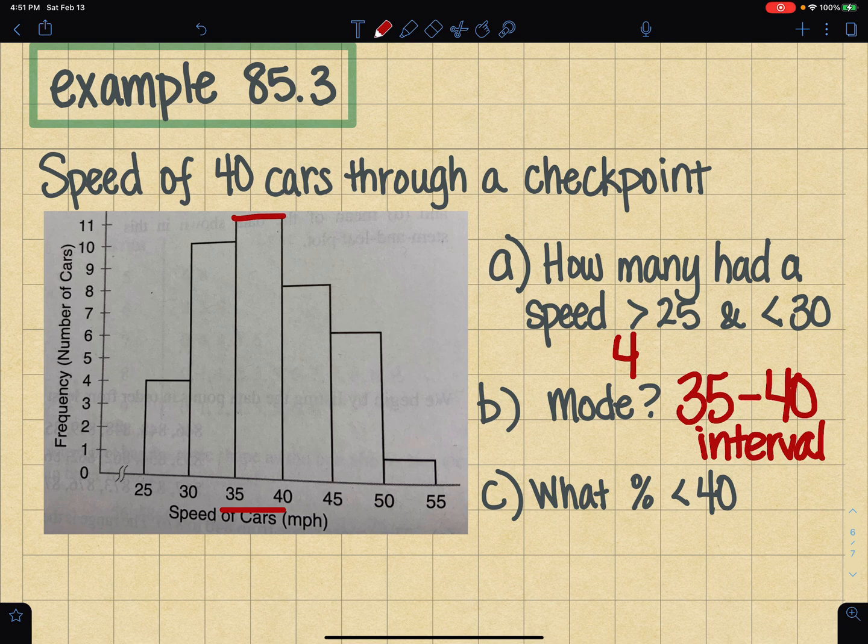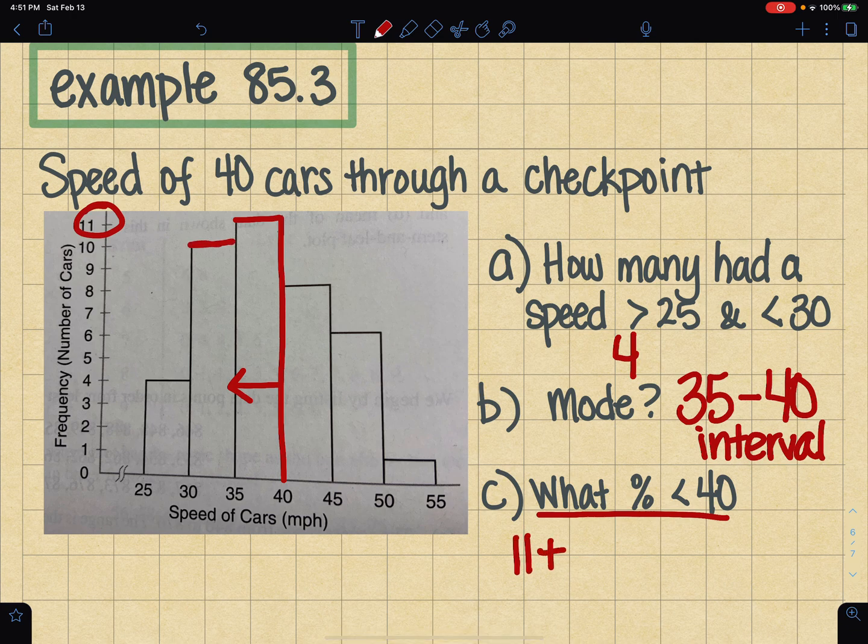And then it wants to know what percent of cars were going less than 40 miles per hour. Okay, so less than 40 means anything to the left of this line. So I just add these up. So there were 11 cars here. So 11 plus, and then there were 10 cars here, 10 plus, and then there were 4 cars here.